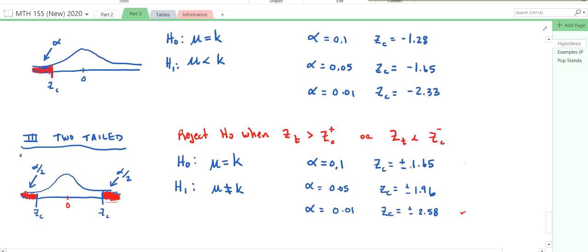So if your Z test falls into either of these two critical regions, that's when you reject your null hypothesis.